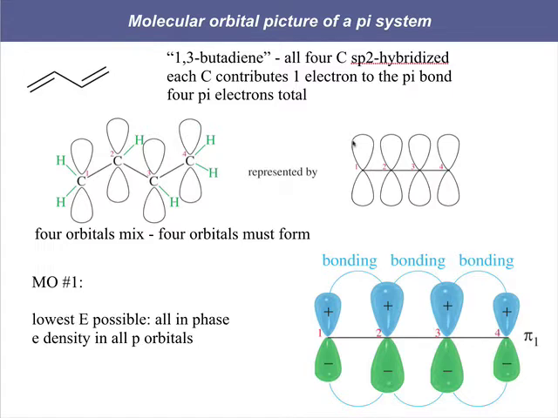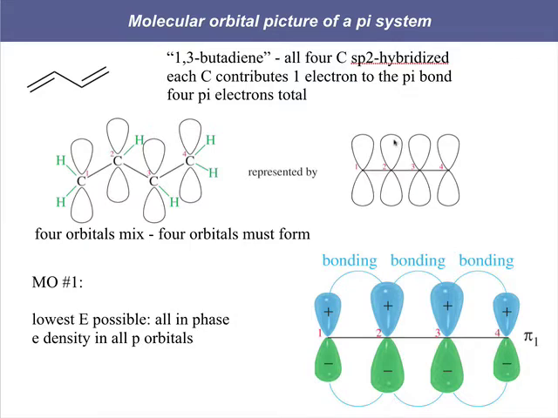So 1 and 2 are overlapping, 3 and 4 are overlapping, but you'll notice that there is no pi overlap between carbons 2 and 3. So a good question to ask would be, why are we getting overlap between carbons 1 and 2 and between carbon 3 and 4, but not between carbon 2 and 3? There must be some reason for that.